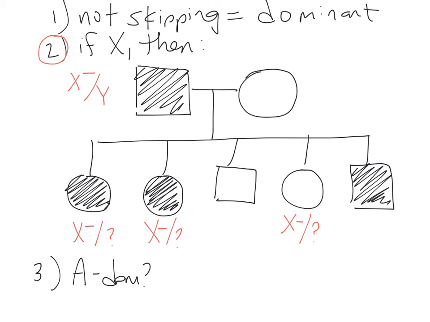So if it's not X-linked dominant, then we're still at dominant because we see the trait in every generation. So it's not X dominant. Let's ask if it's autosomal dominant. So can we come up with genotypes for all of these individuals that are consistent with that sort of inheritance pattern?